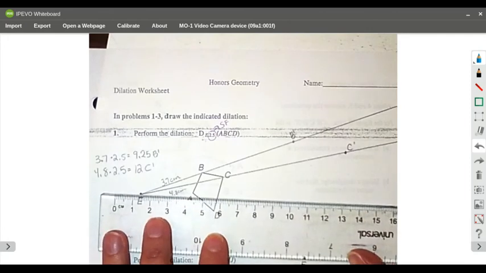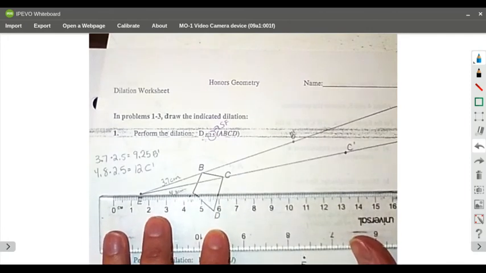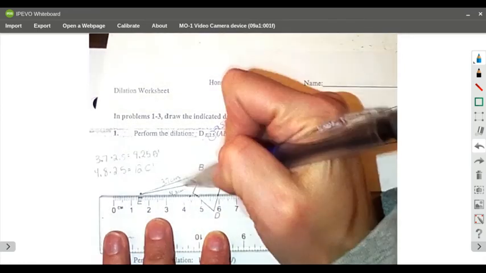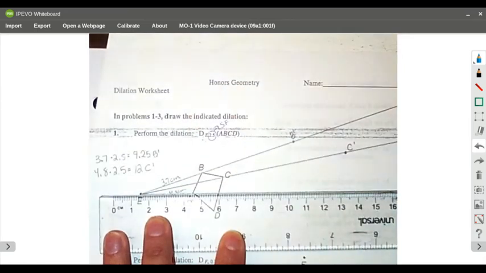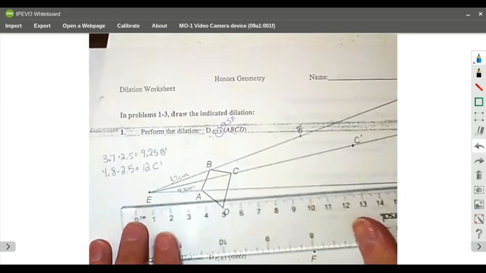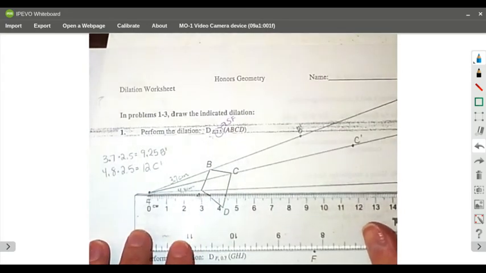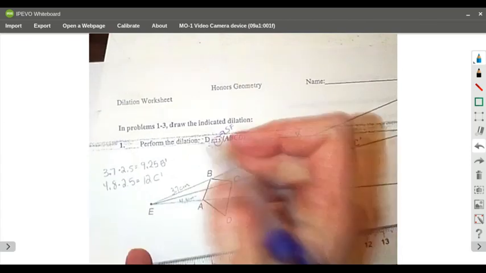Let's do A. It's important to do your best to connect it right in the middle of E and then right through the vertex. I kind of messed up on mine, but it's okay. Okay, let's see, E to A looks like just about 3 centimeters.